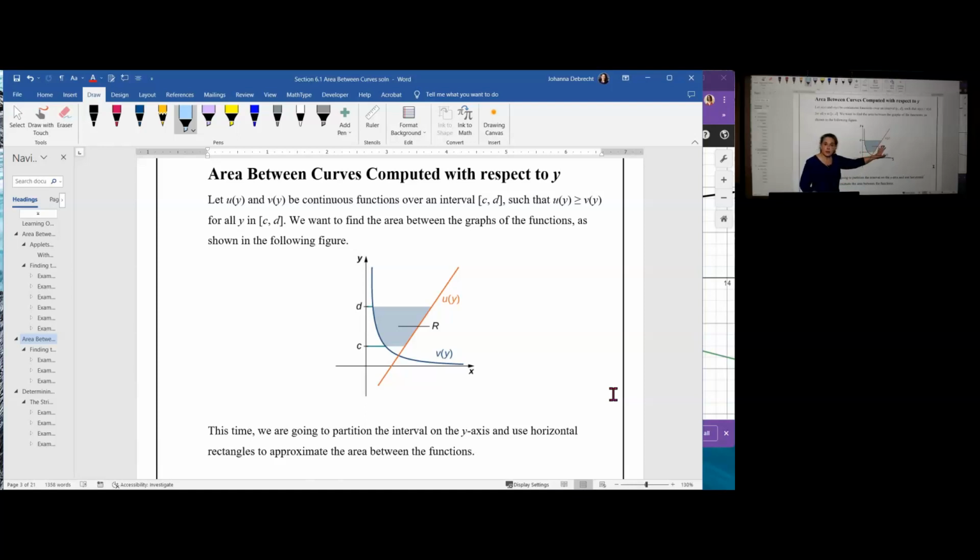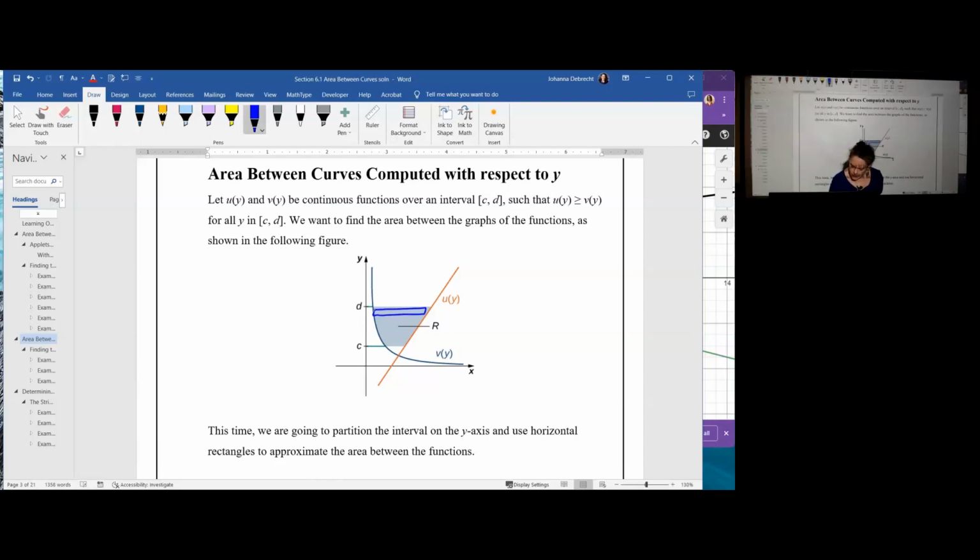If instead we rewrite the equations as functions of y, the dependent variable, notice that we always have the line on the right and we always have the blue curve on the left. Then we can take this and represent it with one integral.